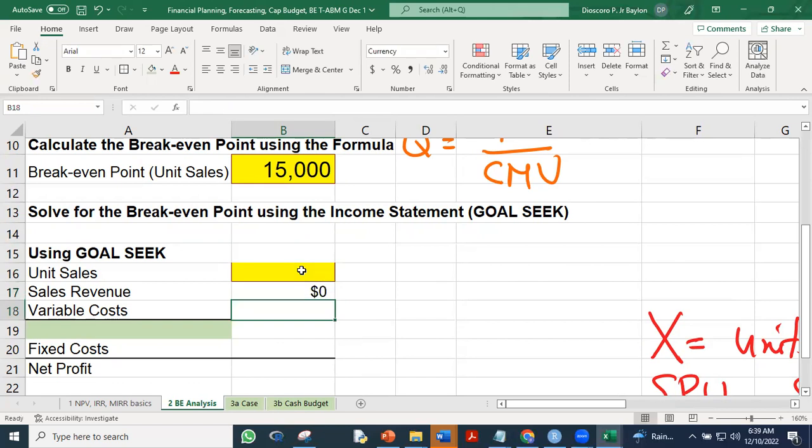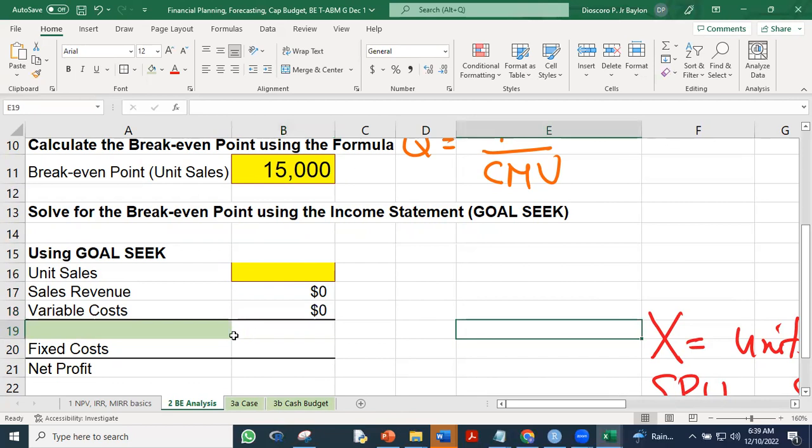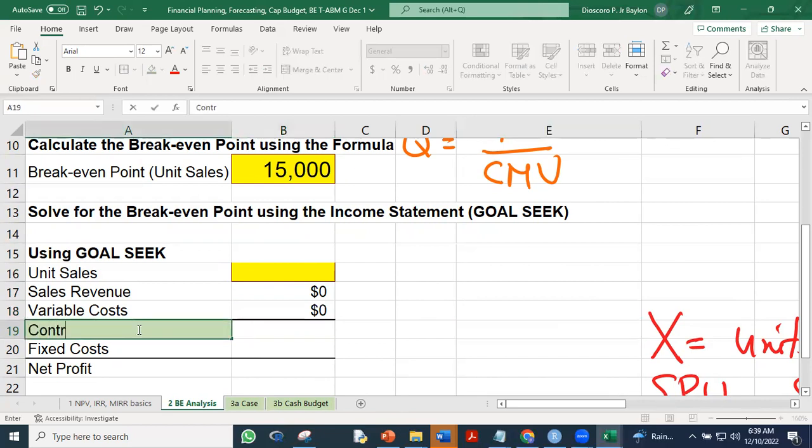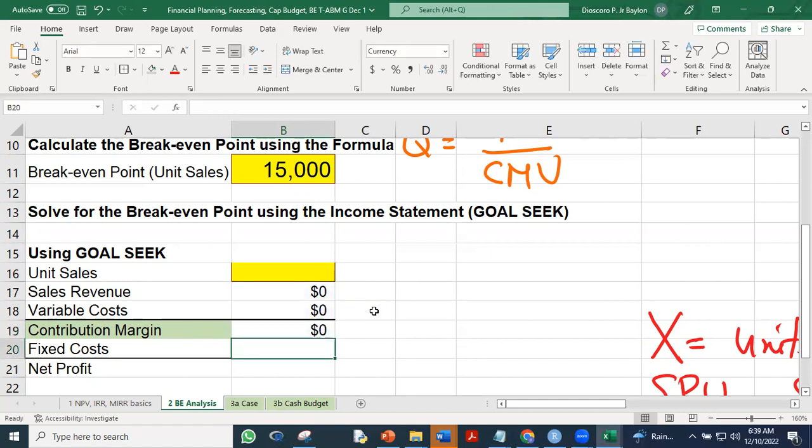Our variable cost is, let me just format this. It's in dollars. Our variable cost is the number of units sold multiplied by VC, variable cost per unit. So this will give us our contribution margin, which is just the difference between your sales less your variable cost.